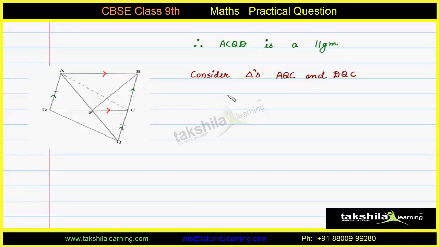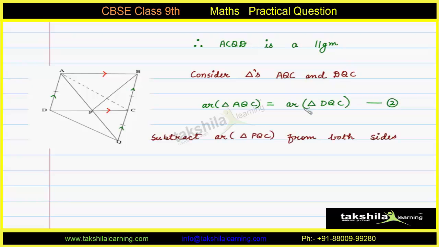So here we can say that area of triangle AQC is equal to area of triangle DQC, and this we can call as our second. Now here, from our second, subtract area triangle PQC from both sides. So in our second, we are subtracting the area PQC from both sides.